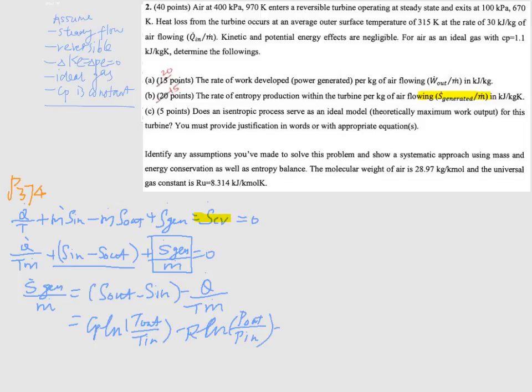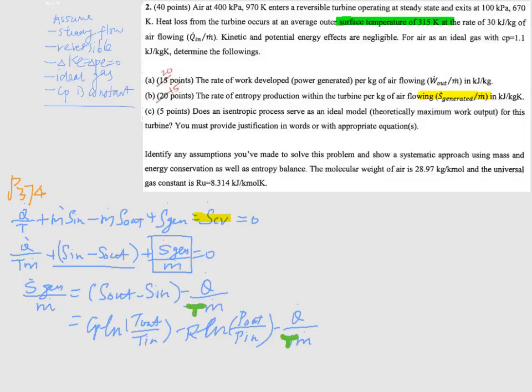And then minus this term, Q dot over T M dot. This T here is the surface temperature, 315, just so you don't mix that with the T out and T in.